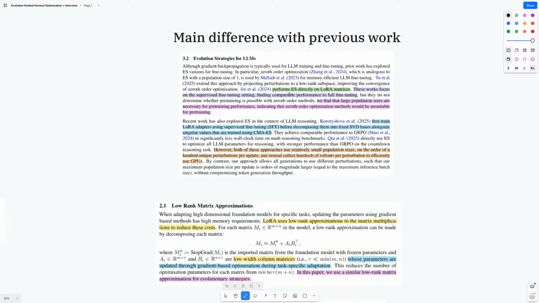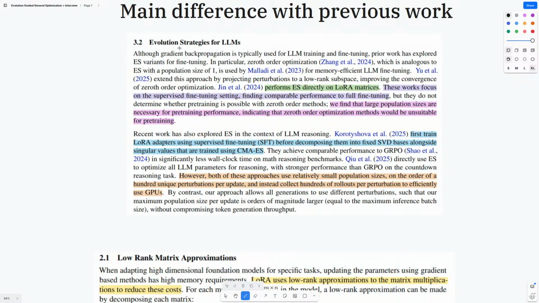Yeah. So there's a whole bunch of papers that did some LoRA or sort of ES directly on the LoRA matrices, right? So they're doing a supervised fine-tuning setting in this. The one thing they're showing is that in these works usually there is not a large population size, and in their work they show the large population size.